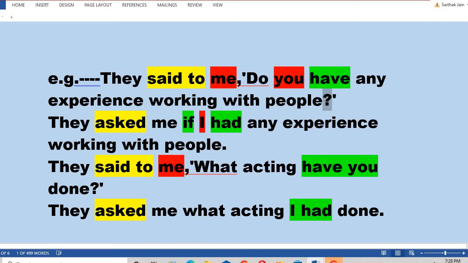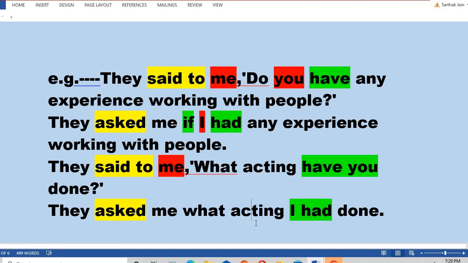This had to be avoided only in one circumstance, and that is reordering these two words, subject and verb. If you put had before I, then grammatically your sentence will be wrong. Always put the subject before the verb in the indirect speech. Hope you have understood what I mean to tell you.